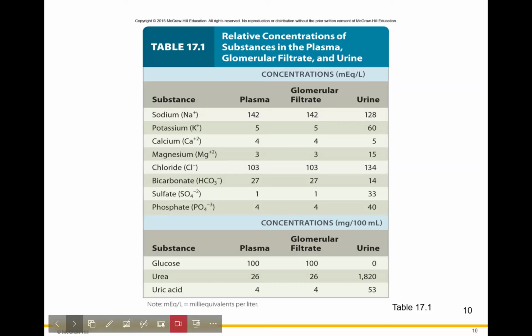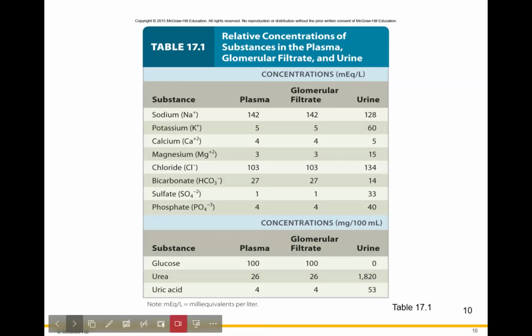If you look at all these numbers, your plasma level and your filtrate levels are about the same. And then you have the urine levels. So if you look at sodium, your filtrate level is 142, in milliequivalents per liter, and your urine level is 126.